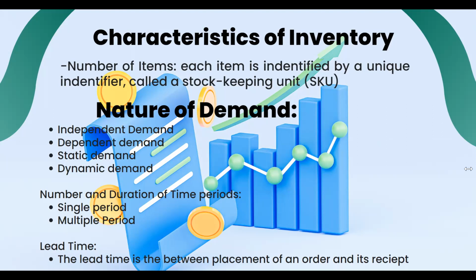Next is number and duration of time periods. Single period is a single purchase made for a product at the end of the sales period; any remaining product has minimal or negligible value. Example, Christmas trees, magazines, and so on. Next is multiple period.